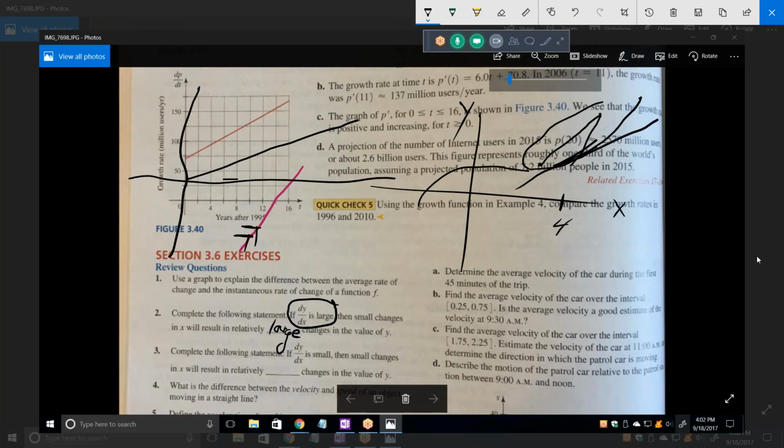Okay. If I have a curve and my slope of the tangent line is really steep, in other words, if dy/dx is large, well, if I go over just a small amount on the x-axis, I go up quite a bit on the y-axis. So that's why the answer to 2 is large.